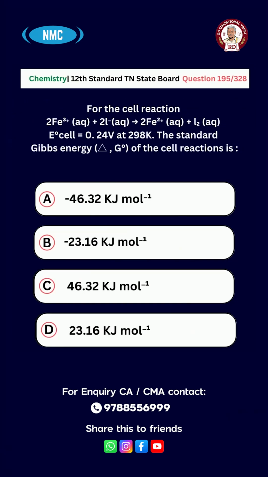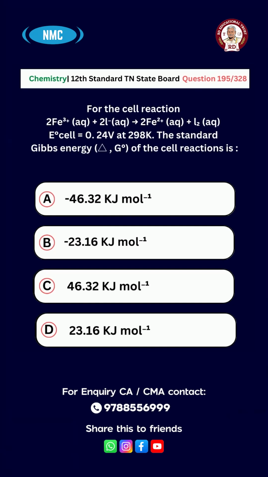For the cell reaction 2Fe3+ aqueous plus 2I minus aqueous gives 2Fe2+ aqueous plus I2 aqueous, E0 cell equals 0.24 V at 298 Kelvin.